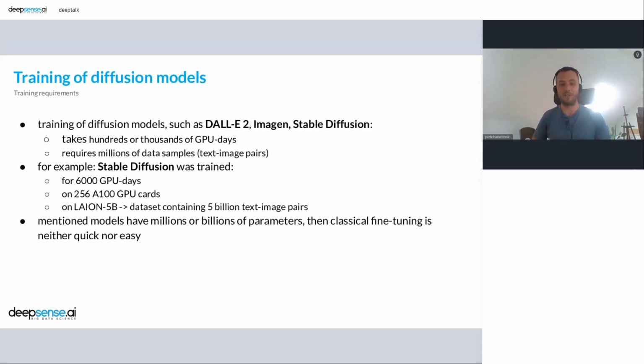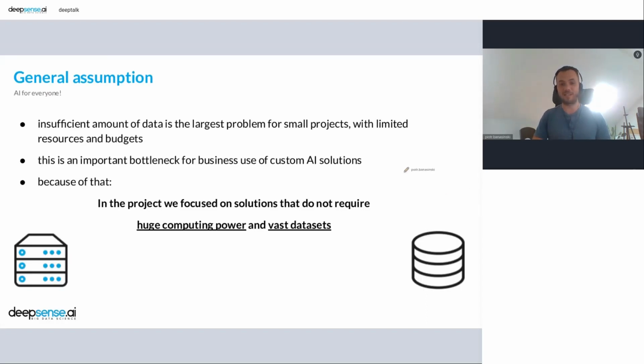They have millions or even billions of examples. The computational power used to train these models is also huge. Because of that, in our project, we focus on methods which do not require such huge computational power and vast data sets.